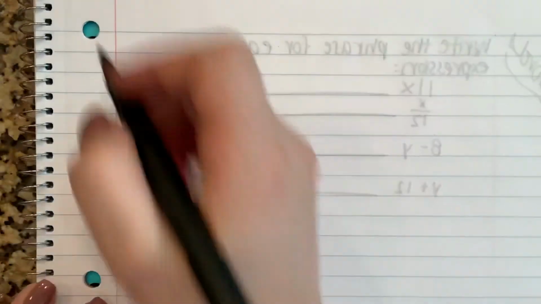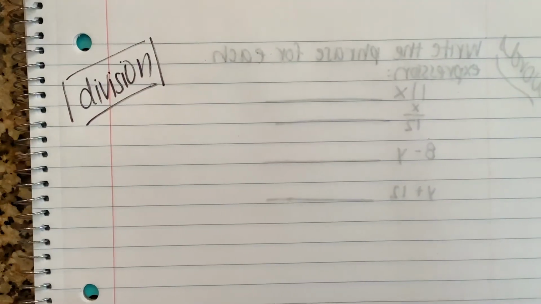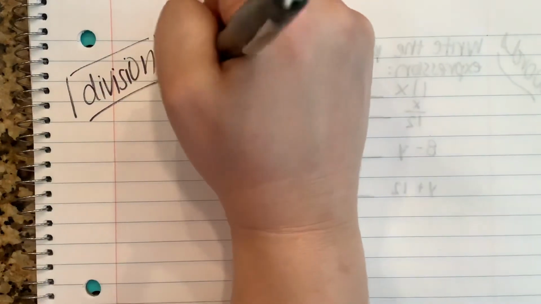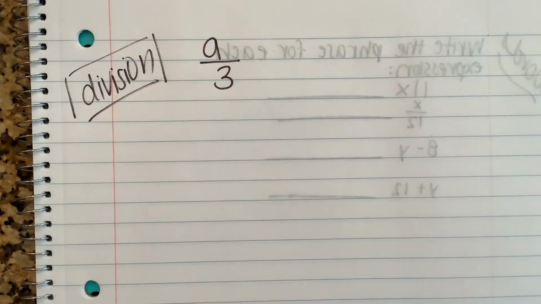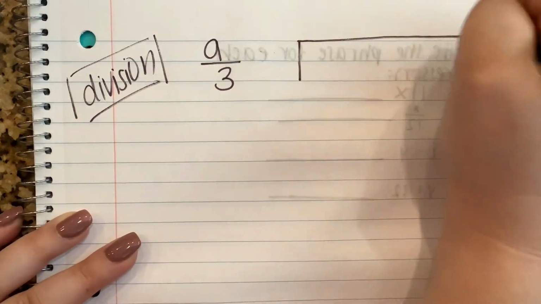But next, let's look at modeling division. So go ahead and label this as division. For our division problem, we're going to look at a divided by 3. For division, we're also going to use a bar like this.